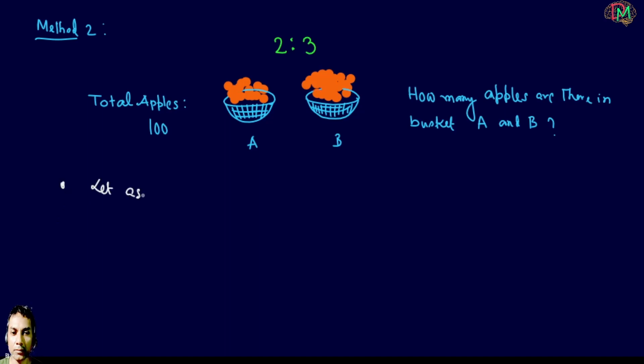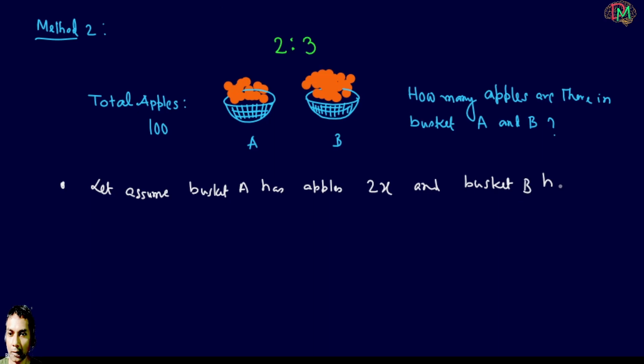Let's assume basket A has 2x apples, since the ratio given is 2 is to 3, so we can assume this. And basket B has 3x apples. So the total apples is how much?